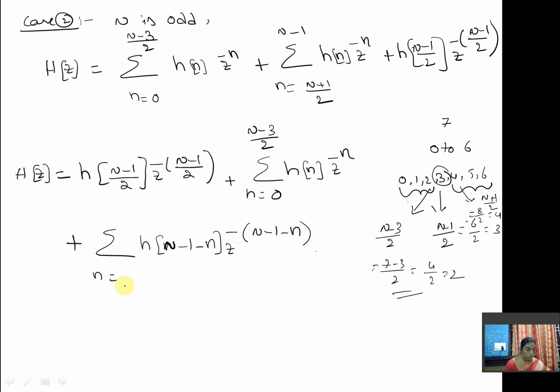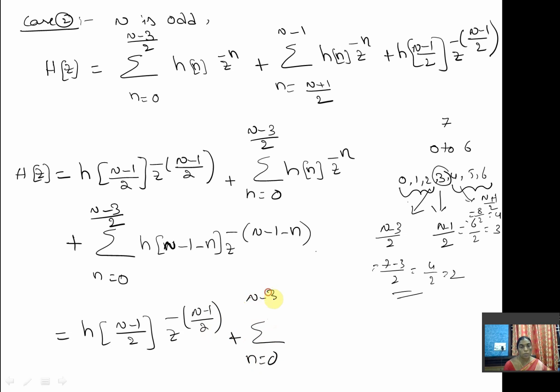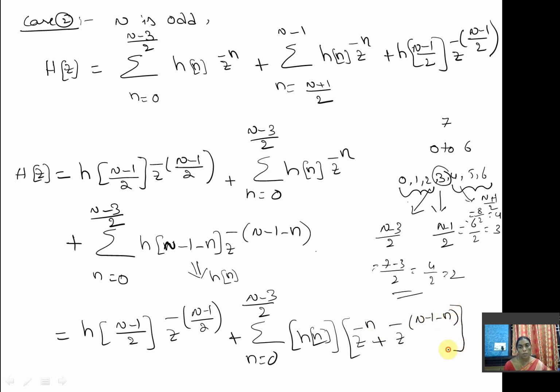The limits become (N plus 1)/2 to N minus 1, which becomes (N minus 3)/2 to 0, so it is 0 to (N minus 3)/2. Then this equals h((N minus 1)/2) z^(-(N minus 1)/2) plus summation n from 0 to (N minus 3)/2 of h(n), taking h(n) common, times z^(-n) plus z^(-(N minus 1 minus n)). This is nothing but H(z) in this case.